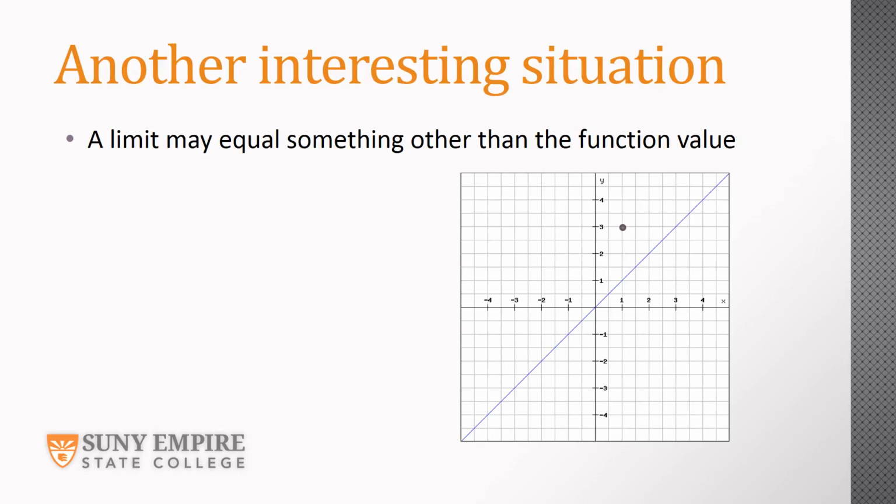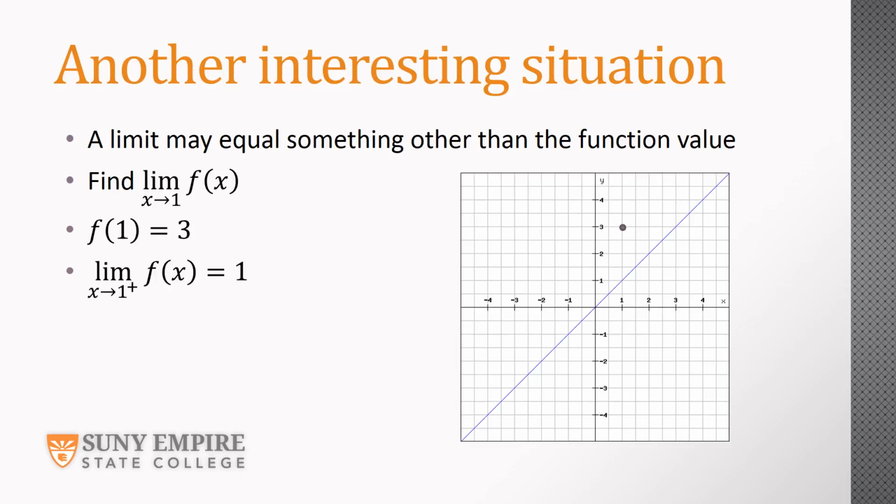It is also possible for a limit to equal something other than a function value at a point. Consider the graph shown. We want to find the limit as x approaches 1 for this function. The function value for x equals 1 is 3, as depicted by the single point. However, the remainder of the function follows the graph of the line.